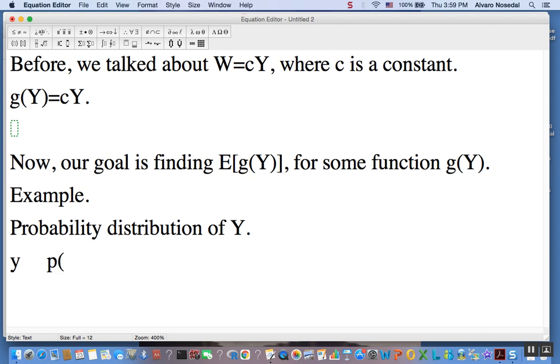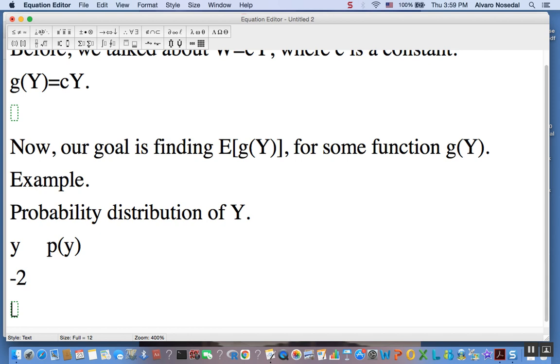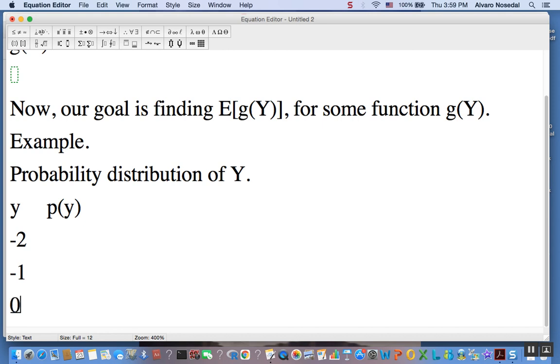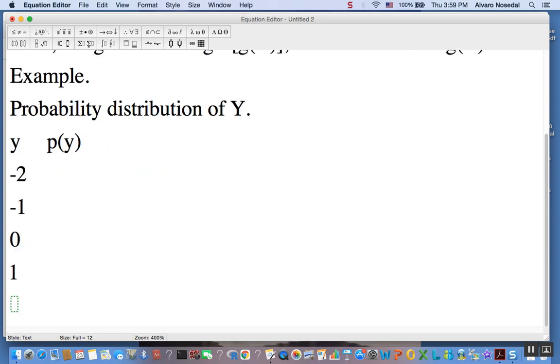We could provide that information either using a formula or a table. In this case, I'm going to be giving you the probability distribution of y using a table.